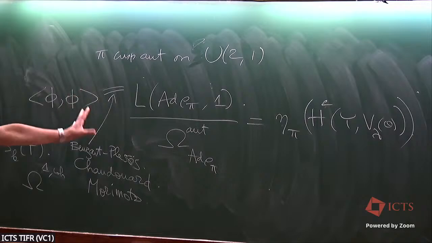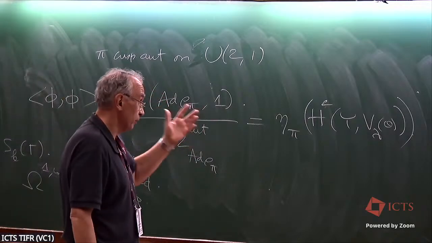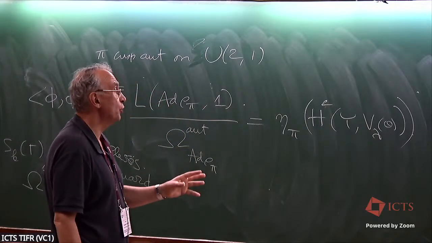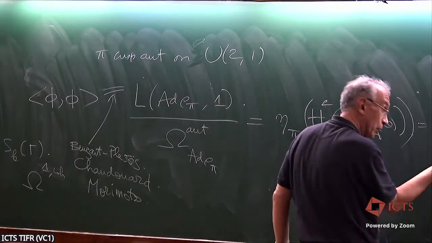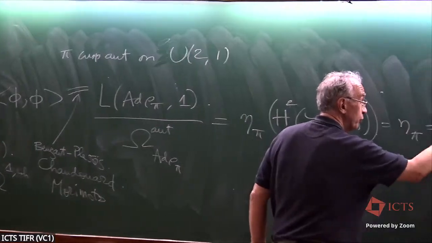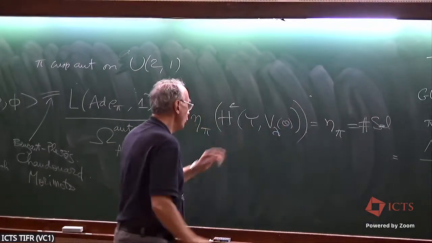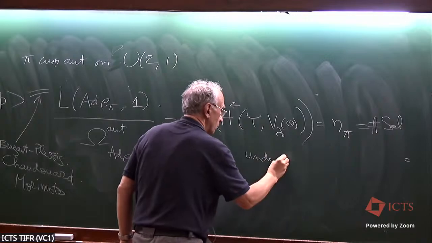And again, this is a situation where under Taylor-Wiles assumptions, you have equality with eta pi. And by the way, you have equality with the cardinality of Selmer under Taylor-Wiles assumptions.